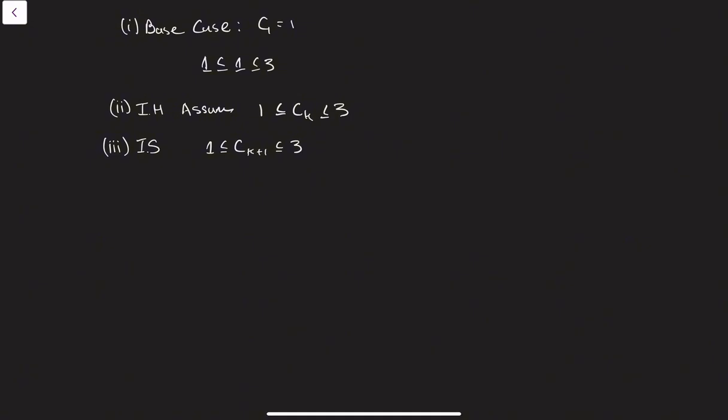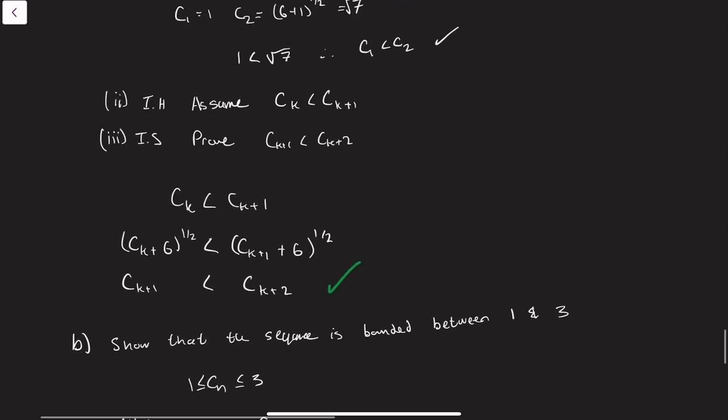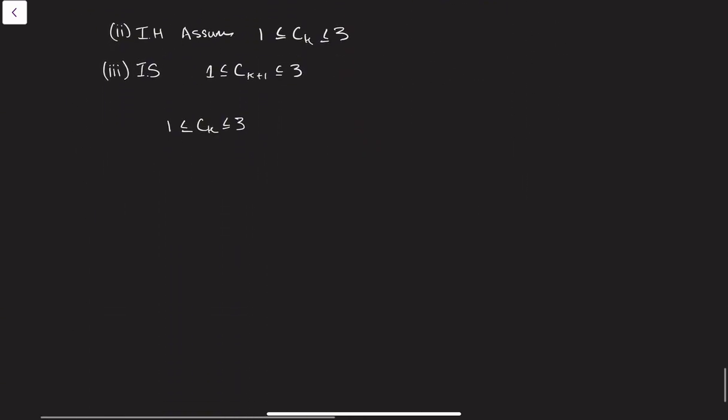Well, how do we do this? We're going to use the induction hypothesis and go by construction again. We're going to add 6. So 1 plus 6, Ck plus 6, 3 plus 6. That is 7, Ck plus 6, and 9.